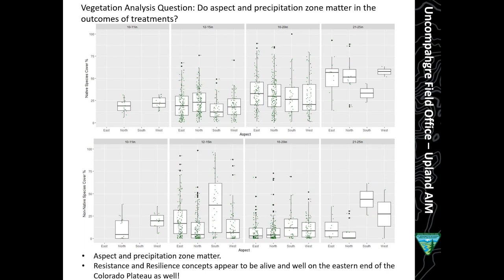Conversely, when you move up into that 16 to 20 inch precip zone, we still see that south and west aspects favor invasive species cover, but not nearly as bad as in that 12 to 15 inch precip zone. So aspect and precipitation zone do matter, and the resistance and resilience concepts talked about in the Great Basin appear to be alive and well on the eastern end of the Colorado Plateau as well.